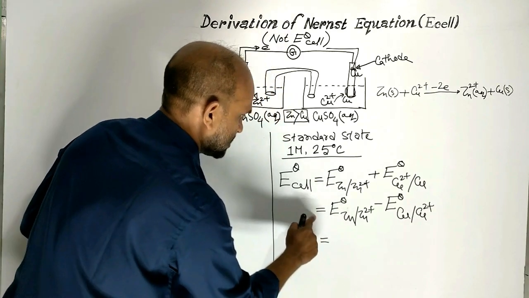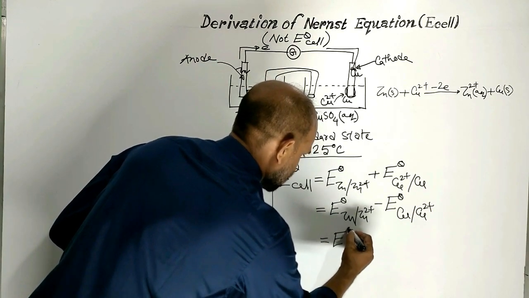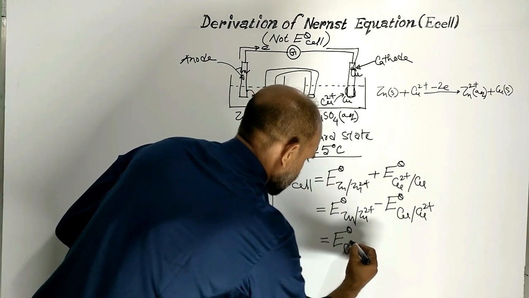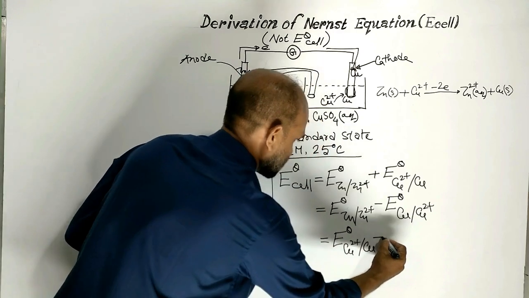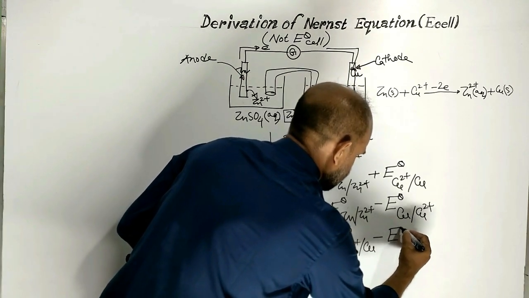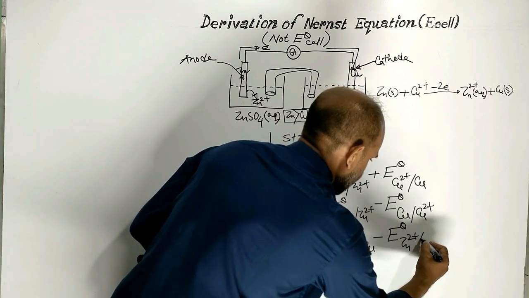We have another equation, that is, standard reduction potential of cathode minus standard reduction potential of anode.